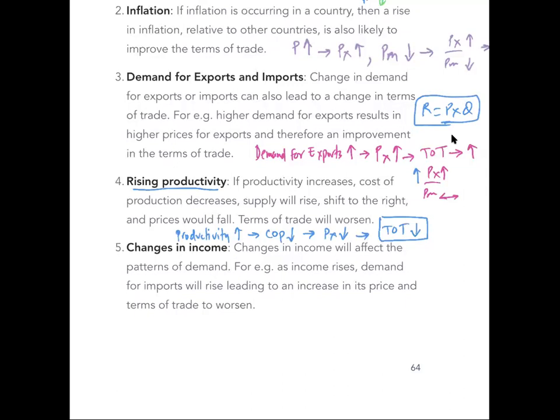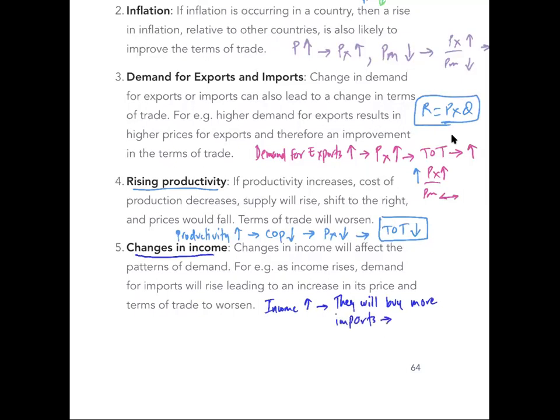Okay. Then comes change in income. If, for example, an economy's income goes up, let's say a country is becoming richer. If a country is becoming richer, then one could argue that they will buy more imports.